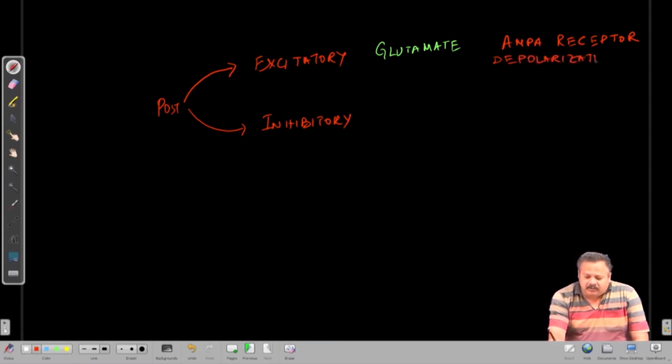Similarly, we have talked about the presynaptic side's neurotransmitter as GABA. Then we can have in the postsynaptic side, if we have GABA A receptors or GABA B receptors, a hyperpolarization in the postsynaptic side.